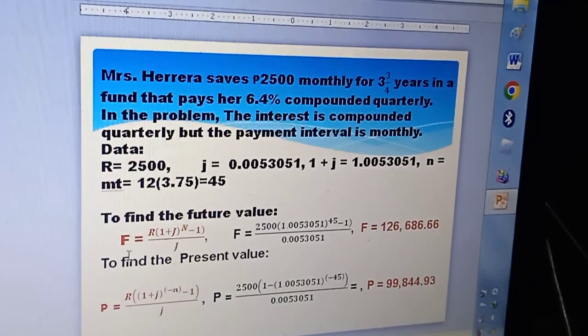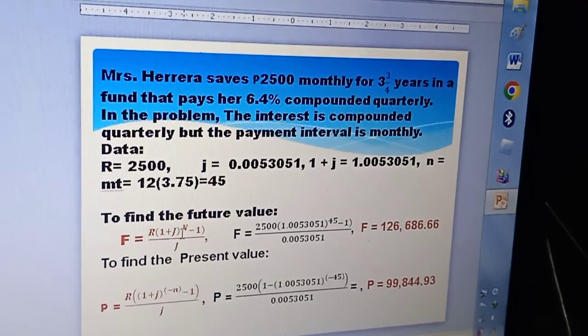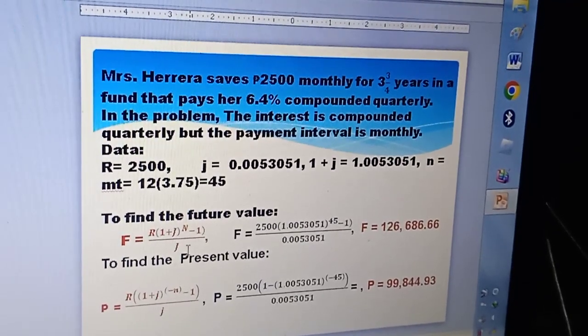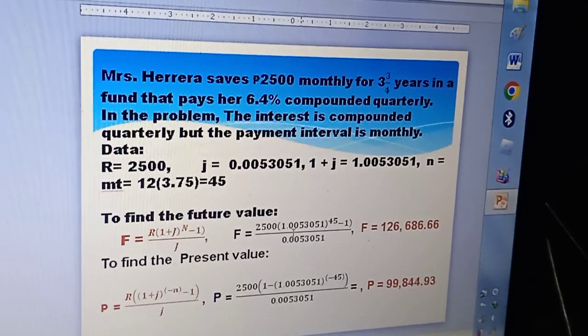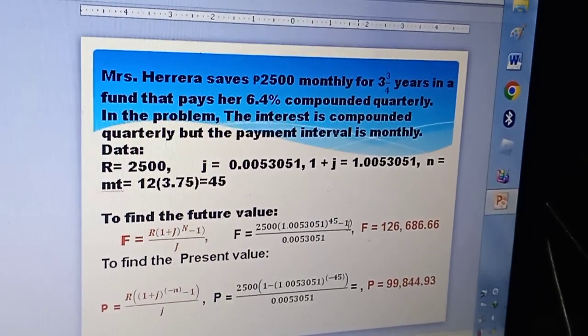We have the formula F equals R times 1 plus j raised to n minus 1 over j. So F is equal to 2,500, that is our R, and our 1 plus j is 1.00535051 raised to 45 minus 1 over j, which is 0.00535051.